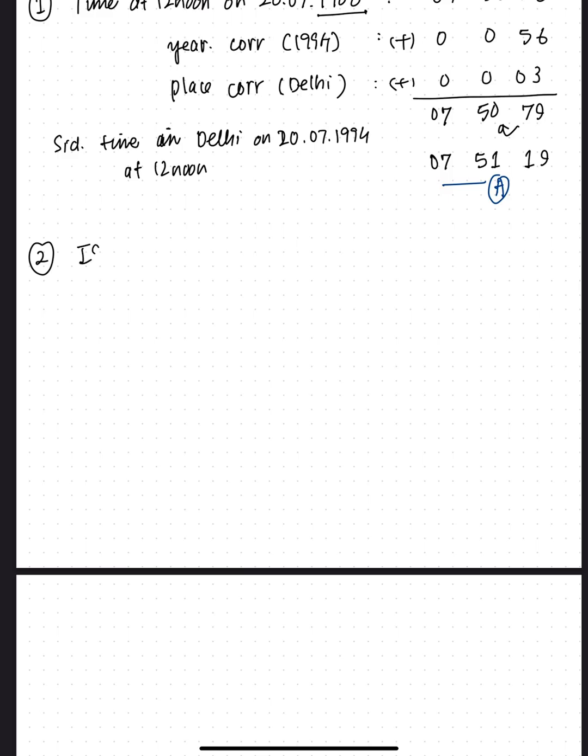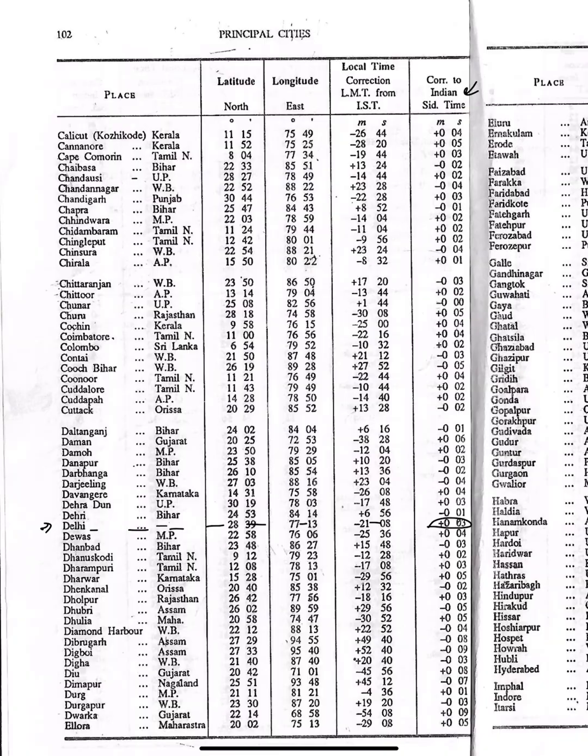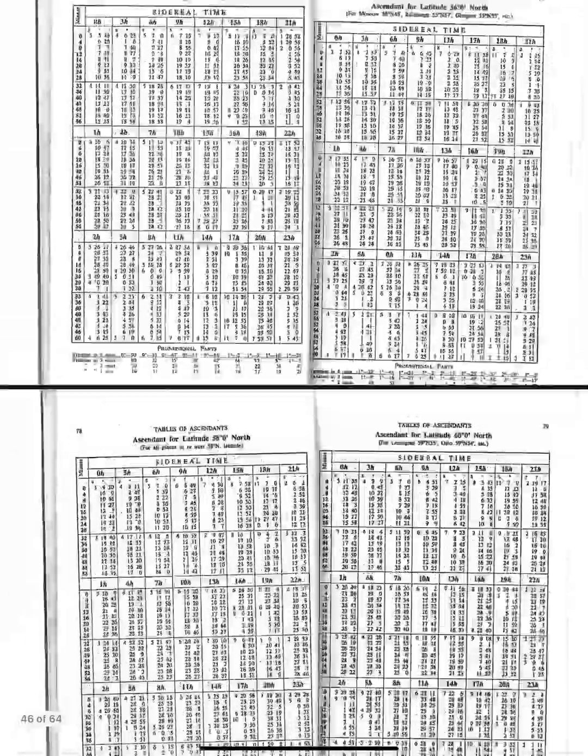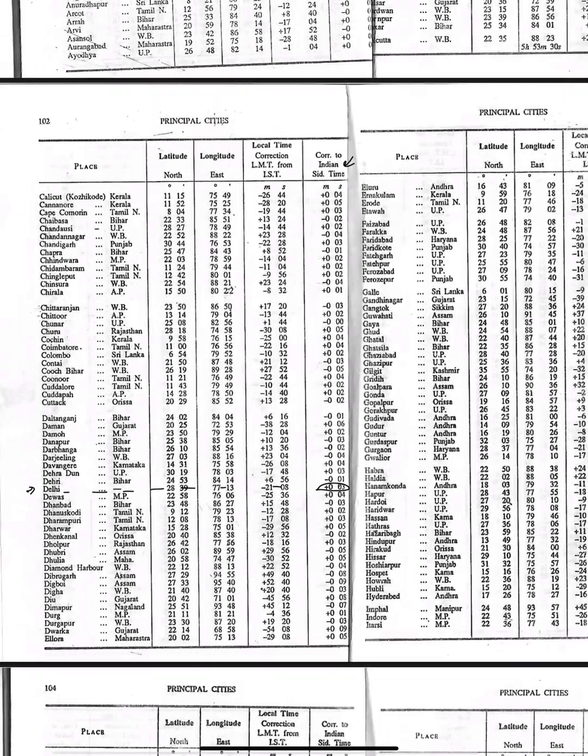Then we come to the time. The IST time at birth that we've been given is 14:50:00. Now we'll have to make an LMT correction. LMT is local mean time correction. That means we'll have to find LMT from IST. The table of ascendants makes life easier. We will just need Delhi again for it. If you go to Delhi, there is a column for LMT correction, or LMT from IST, which is minus 21 minutes 08 seconds.